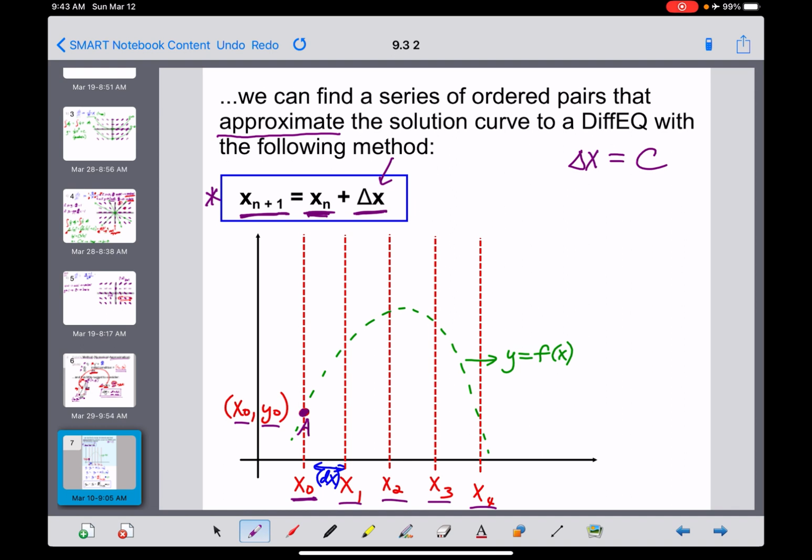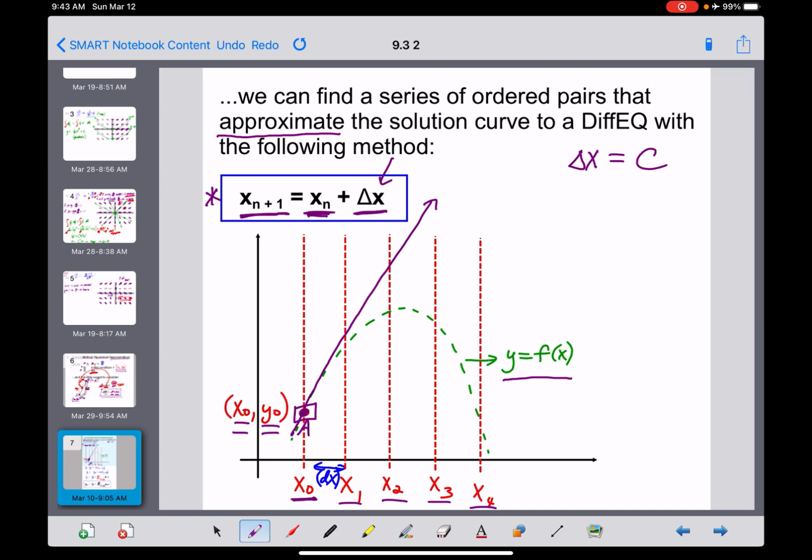At point A, right over here, we know the location of that point because x naught, y naught will be given to us. And we can use the derivative. Now remember, this green curve I have here is meant to approximate the solution, but you won't know that solution at the beginning. But you will know the derivative. So you can use that derivative and that starting point to graph a tangent line to that curve right there.